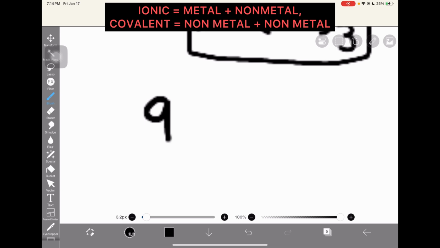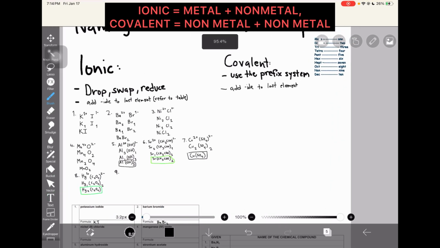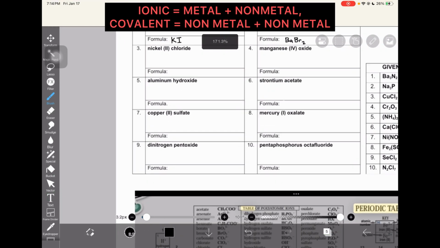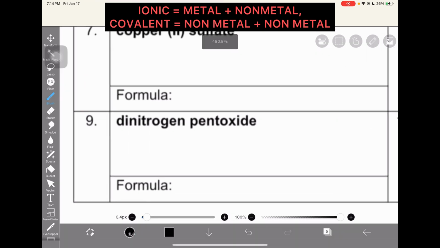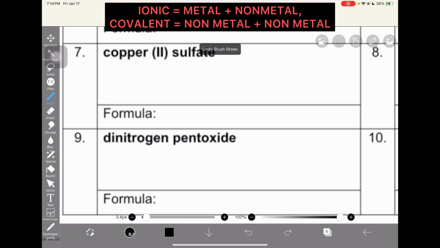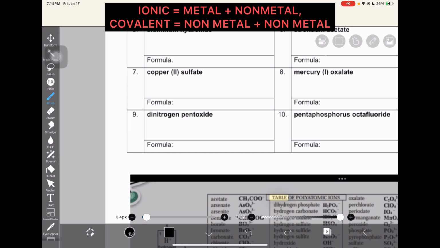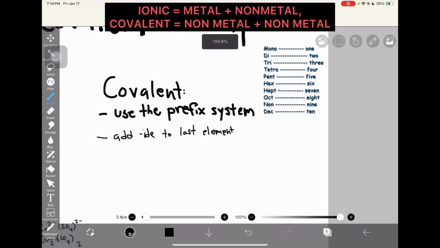Number 9. Number 9, this is where we can finally say that these are covalent, because once again, your first thing to do, you always want to analyze the elements being involved. So it's nitrogen and oxygen, both non-metals, which means this is finally the first one where you can use the prefix system.